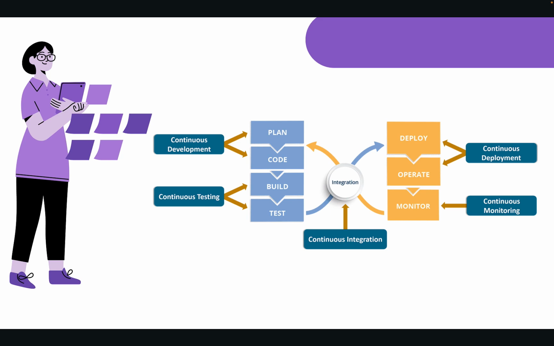This is called continuous testing. So after building the application, we have to do the quality analysis: how that particular build is working and what errors it is getting. All of this we can do in continuous testing only. So let's discuss it in detail.